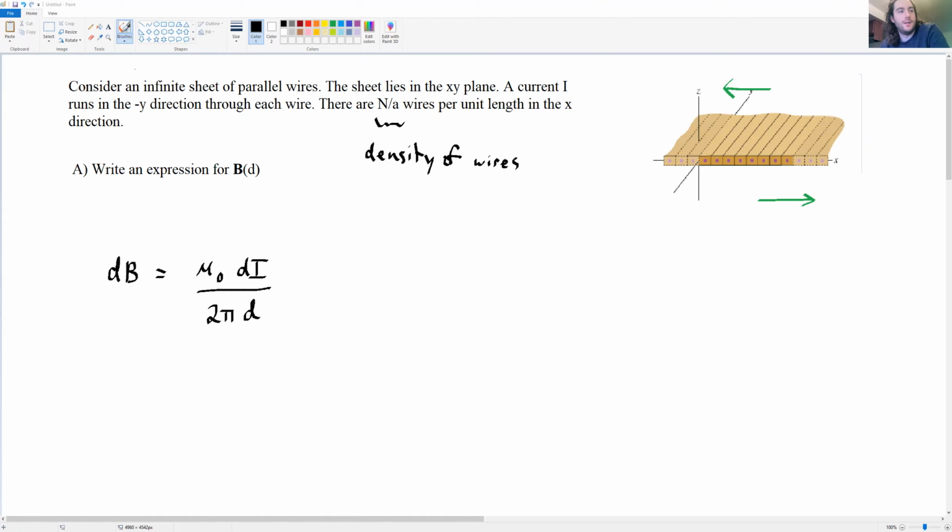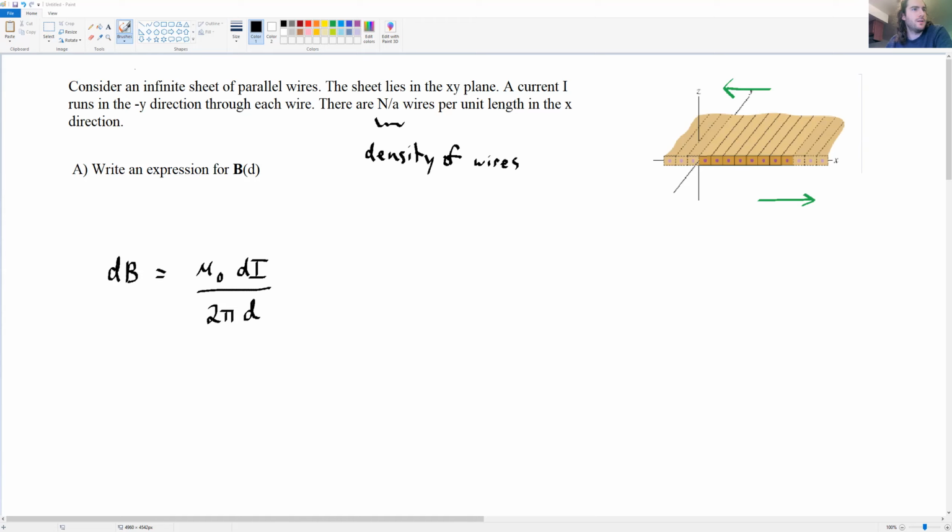And then we can try and integrate this thing. Let's see, so how do we do this here? If we have n wires per unit length in the x direction, we're going to integrate in the x direction to get the total amount of current in that direction.